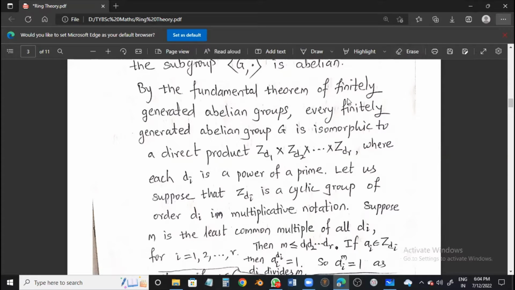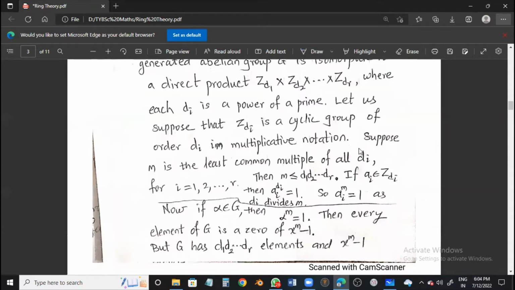Now see, what is the order of ZD1? D1. That of ZD2? D2. That of ZDR? DR. I feel you are following me. And now what I want is their least common multiple. So how do you get the least common multiple?